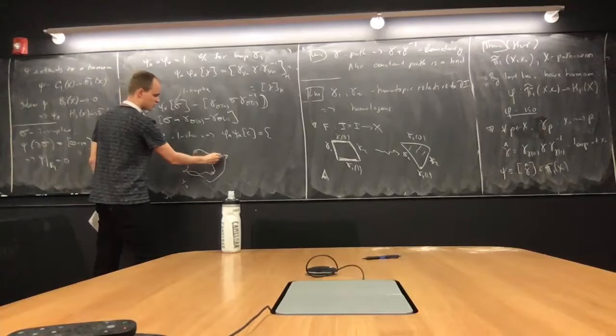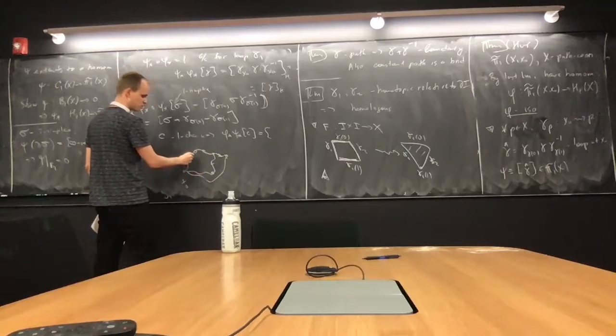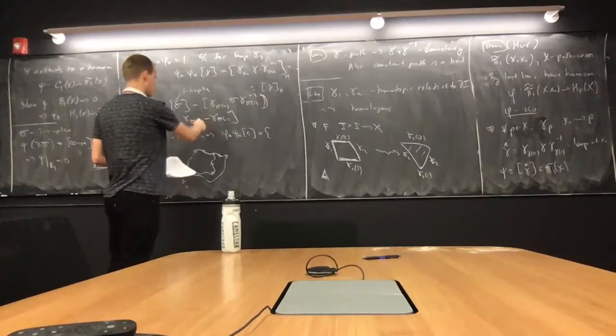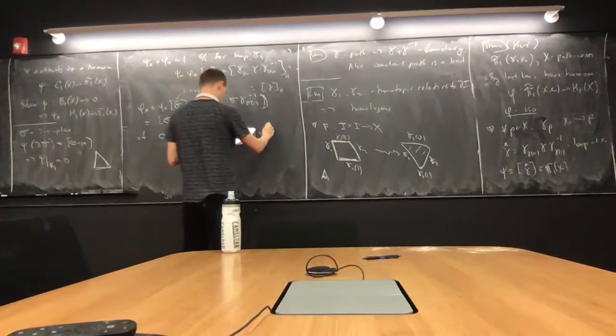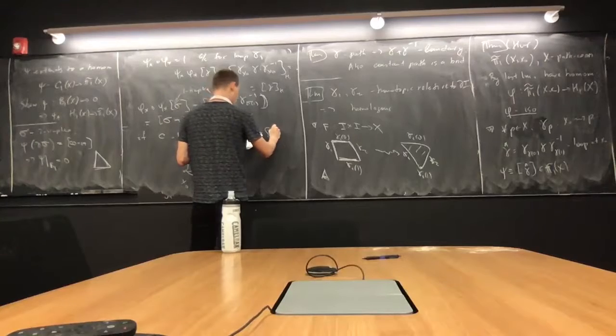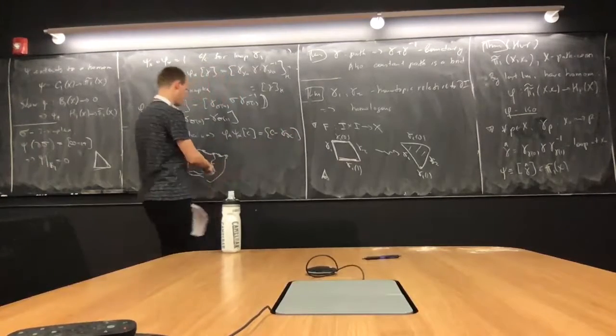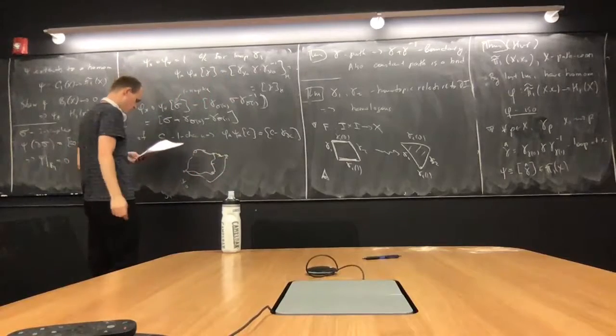So depending on the orientation of these guys, this will be in either one or the other direction, or the sign in front of it. So what this ends up being is just C minus gamma dC. So this is just my notation for the sum of these paths here.